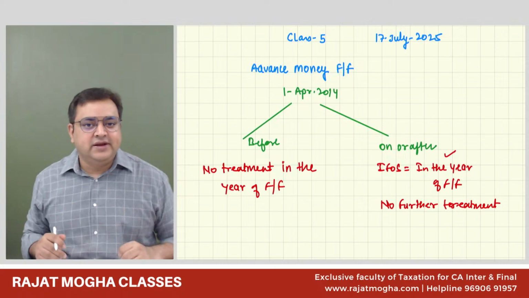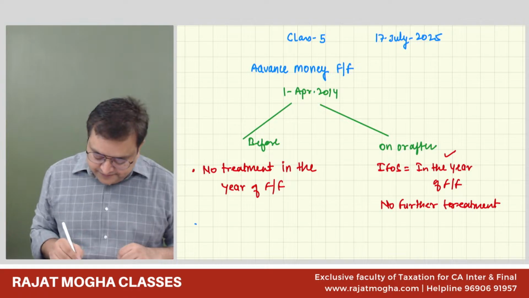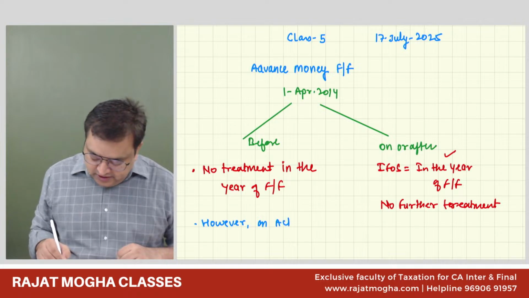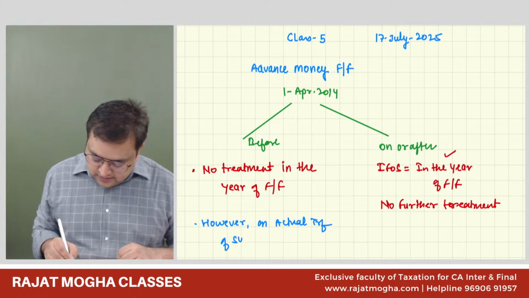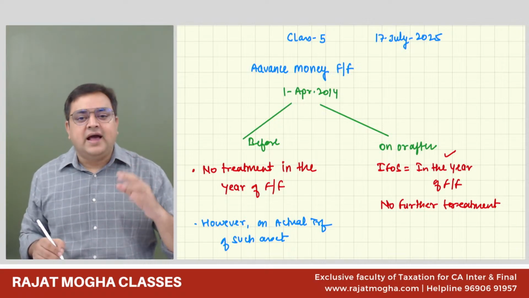Please don't make it your income, no income. However, on actual transfer of such asset, whenever this asset would be actually transferred, actually transferred means actually sold.